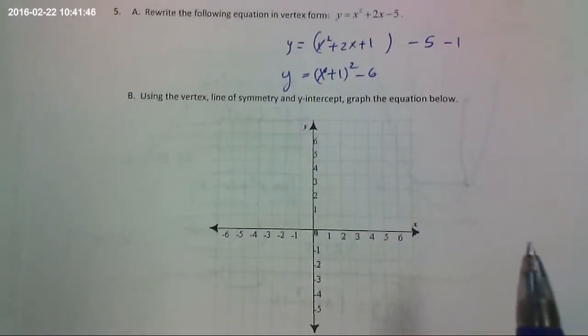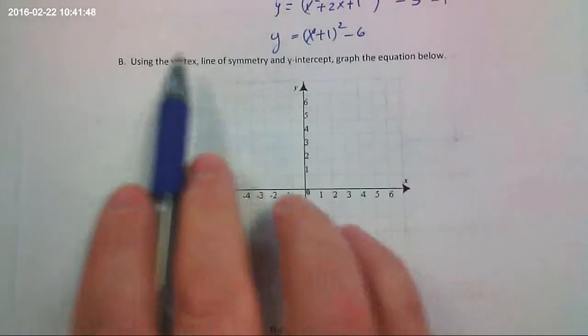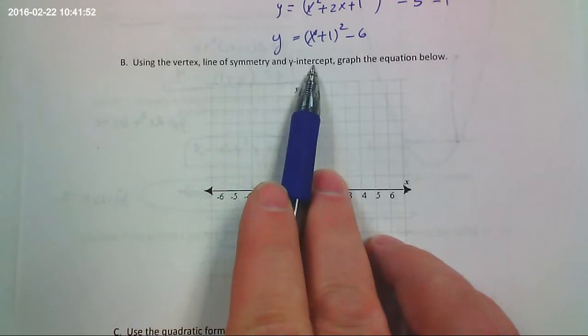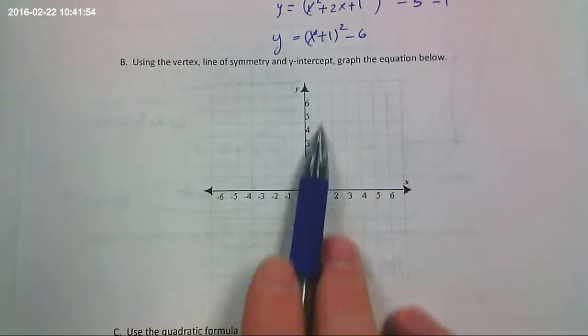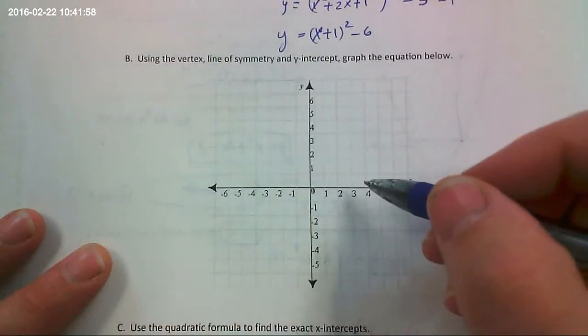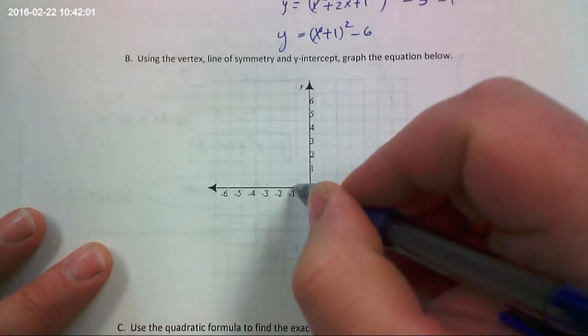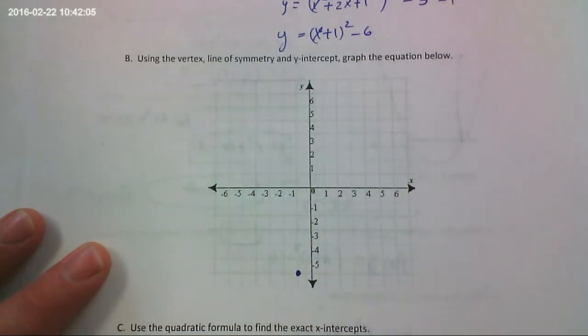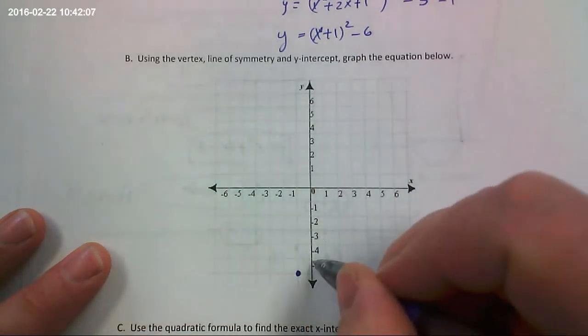Now, following directions, muy importante. It says by using the vertex and the line of symmetry and the y-intercept, graph the function below. Right, so graph this one here. Vertex is negative 1, negative 6. Is that true? And the y-intercept is negative 5.